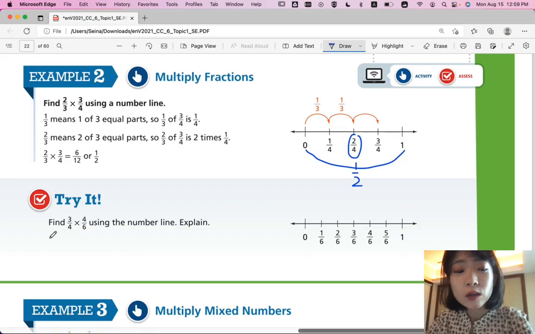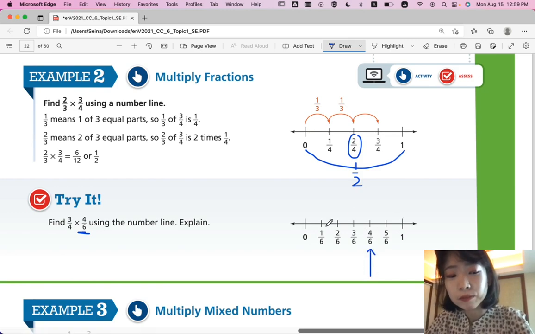Okay, so first, look at the number line and see if you can find any of these numbers. You do not see 3/4, but you see 4/6, right? 4/6 is right here. And 4/6 is 4 of 1/6.